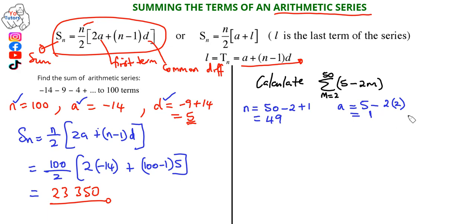What about our d? How do we get our d? To get our d, we are going to get the series. The first term is 5 minus 2 in bracket 2. Then the second one is going to be 5 minus 2 in bracket 3.